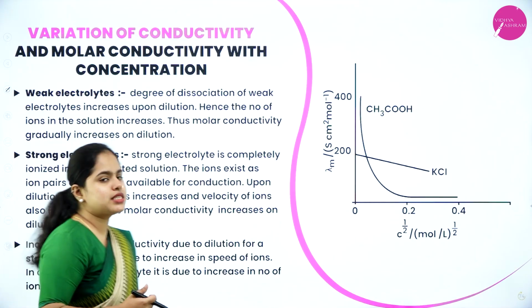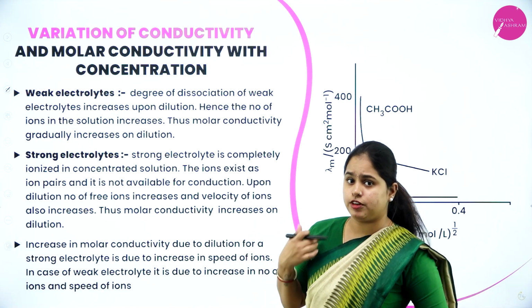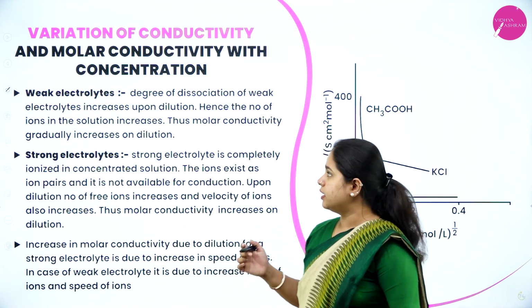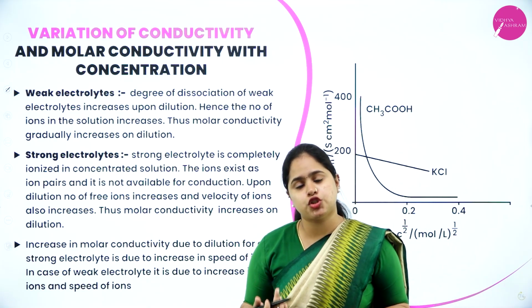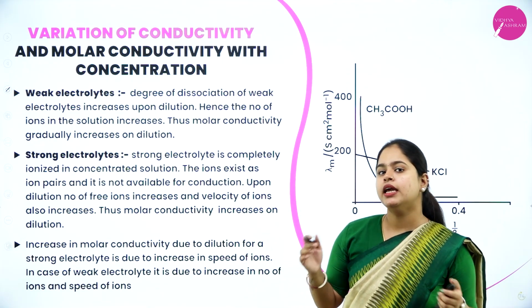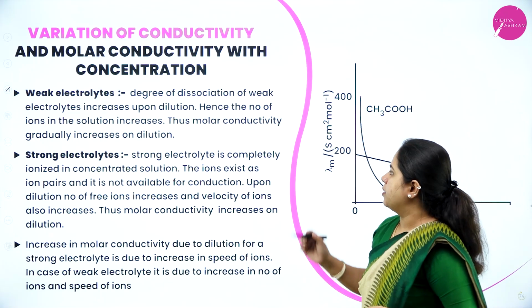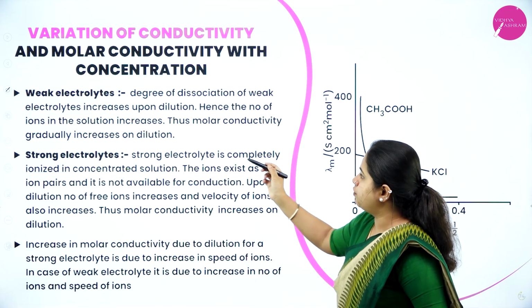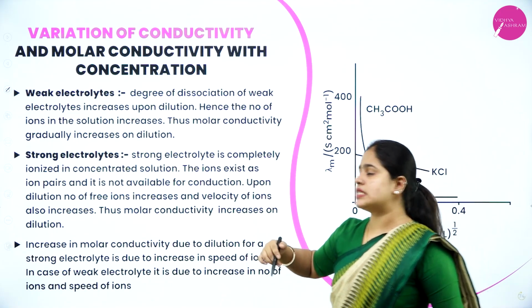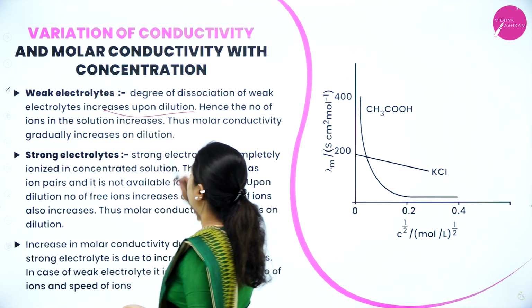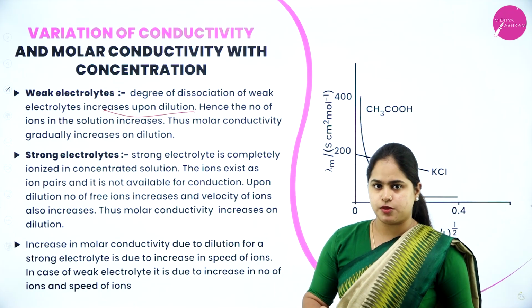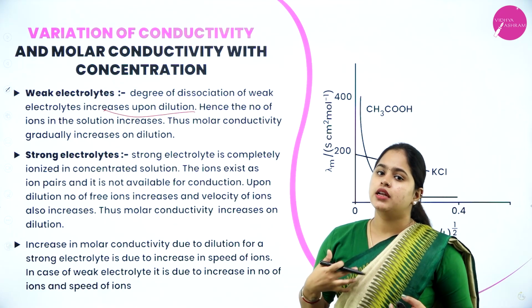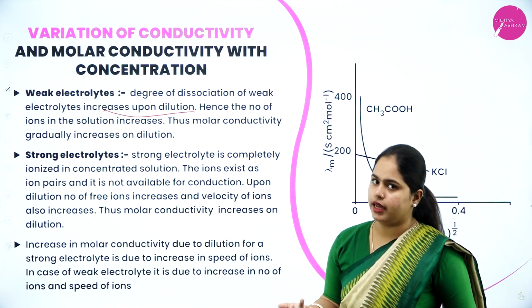So first let us begin with the variation in molar conductivity for a weak electrolyte. What was a weak electrolyte? One which does not dissociate completely into its ions, right? So the degree of dissociation of a weak electrolyte increases upon dilution. Dilution means more solvent is being added, so the electrolyte is more diluted.